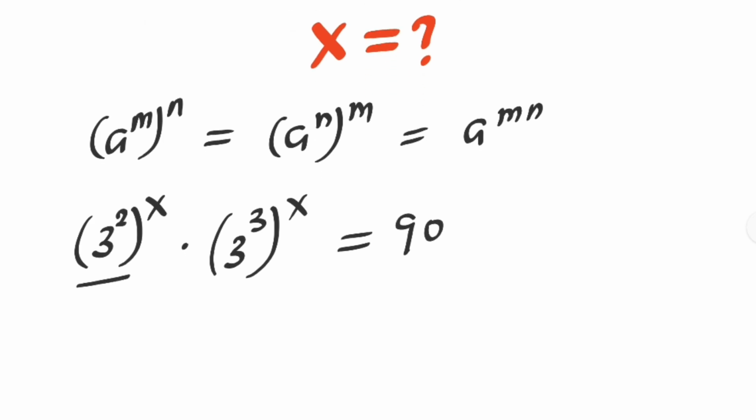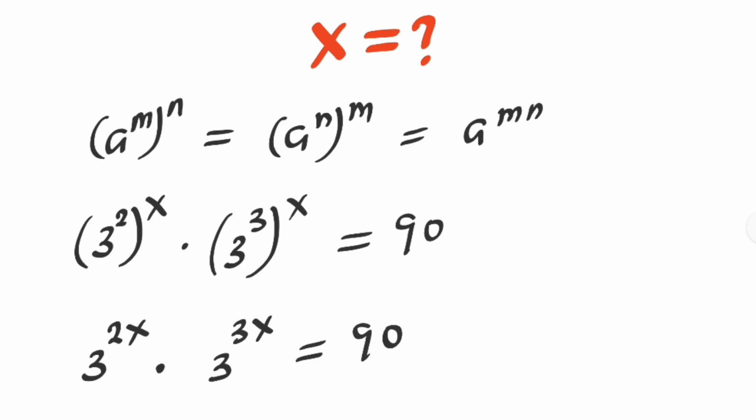This can be written as 3 raised to power 2x multiplied by 3 raised to power 3x is equal to 90.